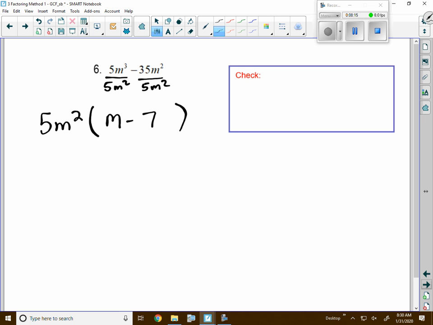Do you agree with n minus 7? Okay, good. We'll go ahead and check. So that would give us 5m cubed minus 35m squared, and that is what we started with.